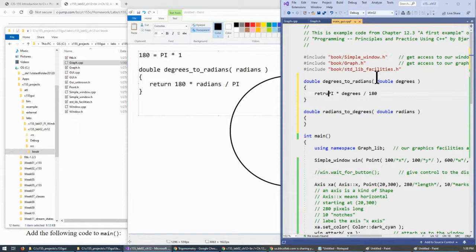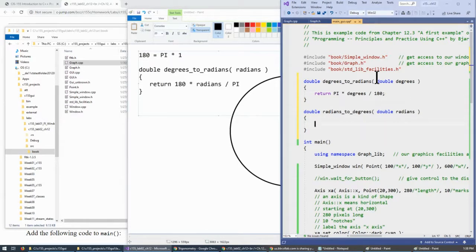And I think, and likewise over here, radians to degrees, we can make it return degrees, which will be like 180 multiplied by radians and divided by pi. Right, so this is how the conversion works.